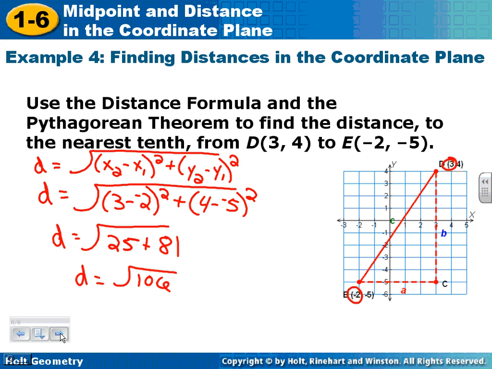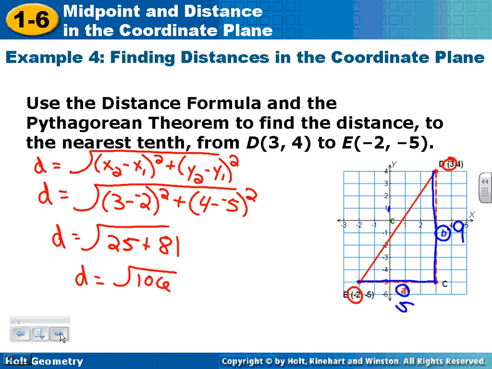Then, if I use the Pythagorean theorem now, let's see if I get the same answer. Well, that's a squared plus b squared equals c squared. Well, a is right here, and we can just count the length of this line segment, which looks like 1, 2, 3, 4, 5. The length of that side of the triangle is 5. B over here, let's count the length of this line segment. 1, 2, 3, 4, 5, 6, 7, 8, 9.